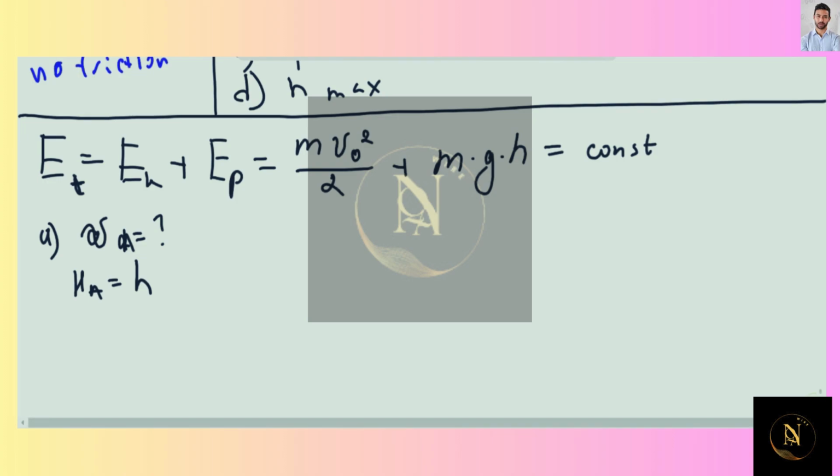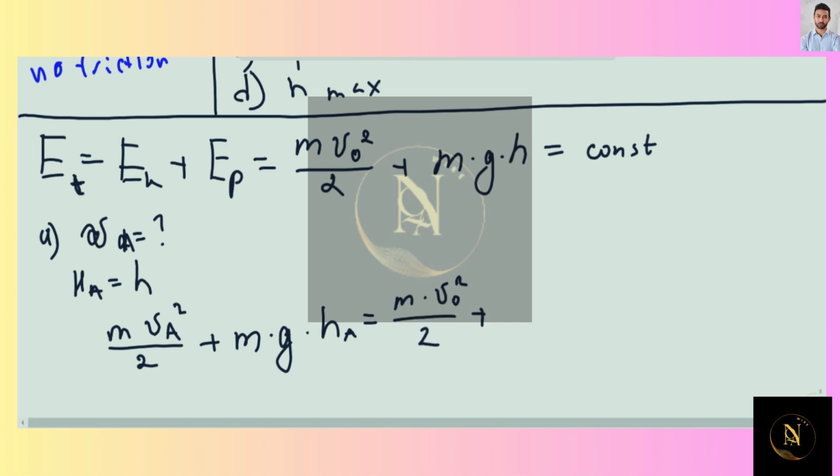Therefore, we can write down the mechanical energy for point A. So at point A, total mechanical energy equals the mass multiplied by the velocity at point A squared divided by 2 plus mass multiplied by g multiplied by h at point A. It equals the total mechanical energy of the system, which is mass multiplied by the initial velocity squared divided by 2 plus mass multiplied by g multiplied by the initial height.